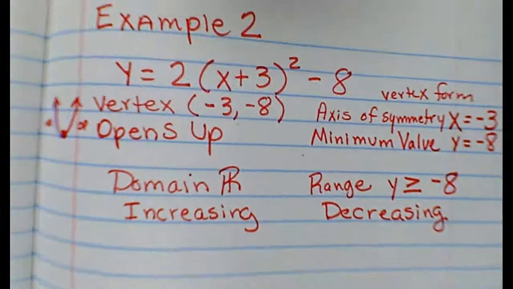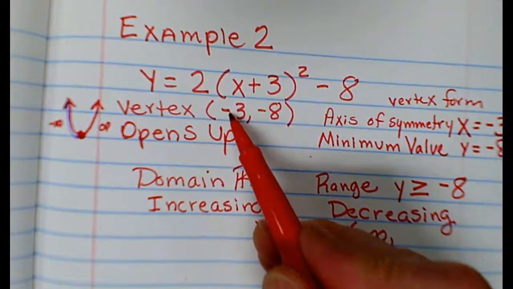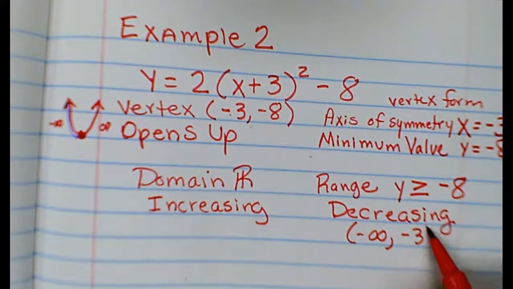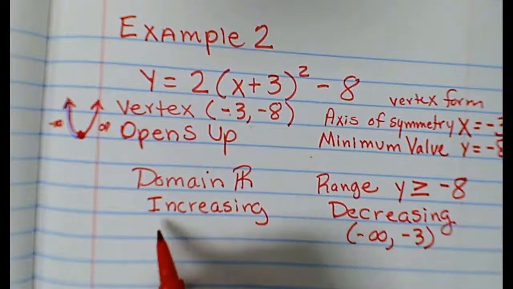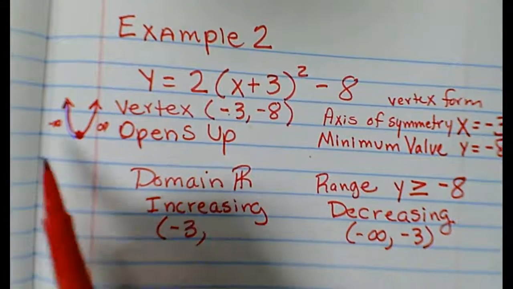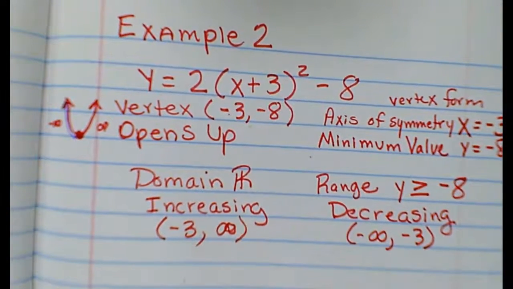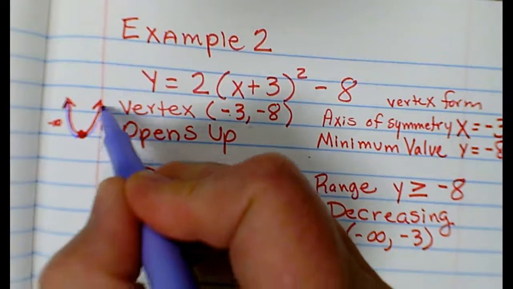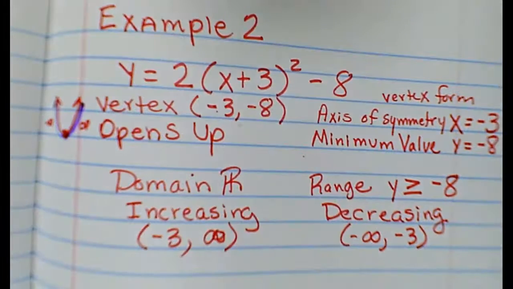So it's decreasing first from -infinity to the vertex point. We use the x value of the vertex point. That's just traditional to write this in terms of x. And -3 to +infinity would be this side, and it's increasing on this side of the vertex.